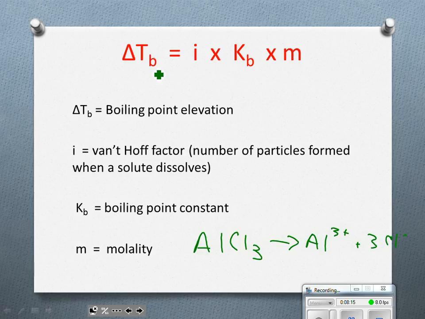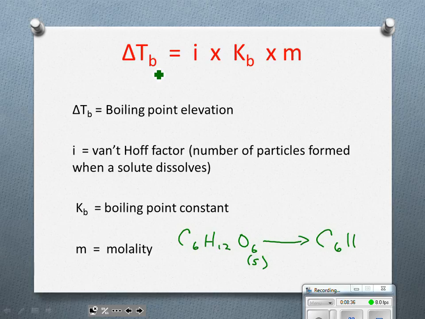Now here's the big one. We also did, what was it, glucose or was it sucrose? Let's just do glucose. When that was dissolved into water, if you remember, we had this being a solid and this being a liquid, right?